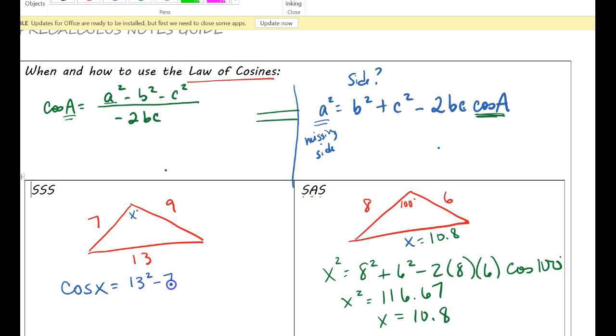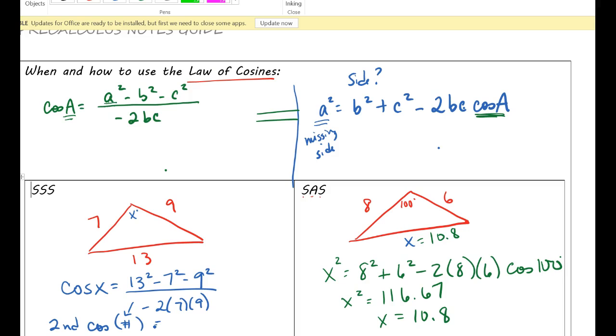Now, minus b squared minus c squared, once again, it doesn't matter which one's b or c, you decide, all divided by -2 times that b and that c. Okay? And so we're going to type all of this in and get a decimal. And then once again, we're going to hit second cosine of whatever that number is.